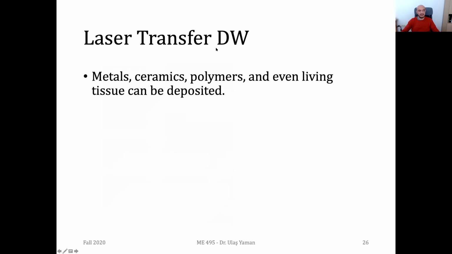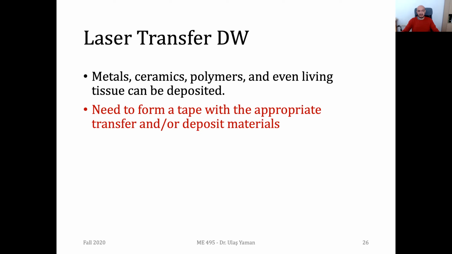Okay, let's go on with some other issues related to laser transfer. Once again, we can have not just ink materials, we can have even metals, ceramics, polymers. But if that's the case, then you need to increase maybe the number of pulses per second, or you need to increase the power of your laser. Otherwise, it will be quite difficult to remove these materials from the initial sheet of material, or tape we can name.